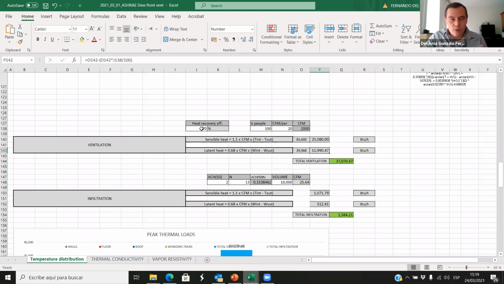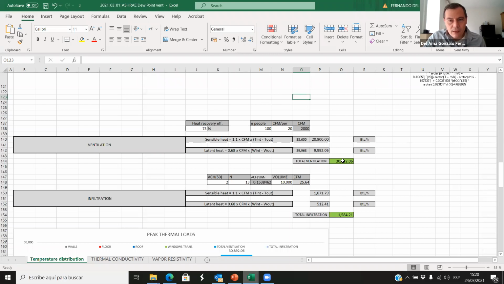So I'm assuming that we are working with the best technology and we can recover sensible and latent heat. That depends on the specifications of the manufacturer of heat recoveries or air handling units. It can be 70, it can be 75, whatever. Everything above 50 is worth using. Everything below 50, it's not worth spending money on that technology because it's not efficient enough.